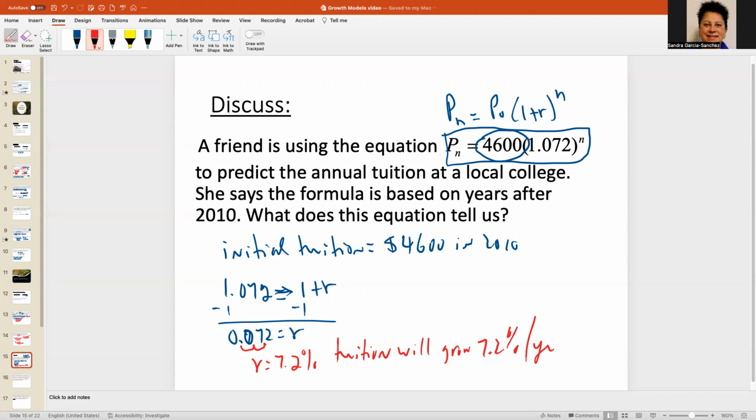Or, the tuition will increase 7.2% per year. That's the rate we said about that problem.